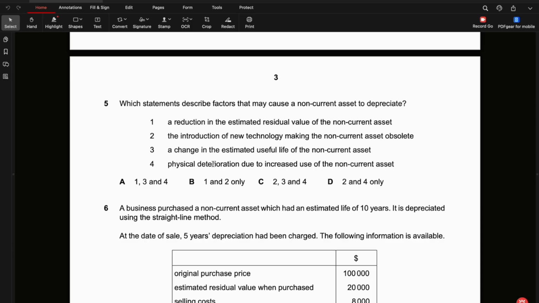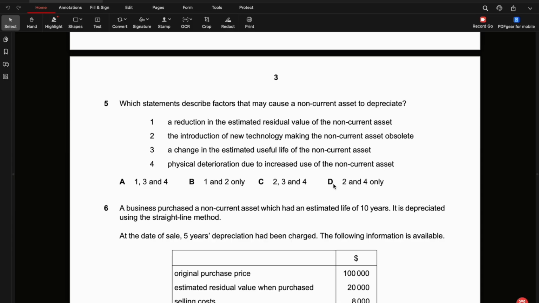Yes, when we use the asset it deteriorates, and we call that wear and tear. So that is one of the causes of depreciation. There is obsolescence and physical wear and tear, so these are the two causes. So the right answer for 5 is 2 and 4, option D only.